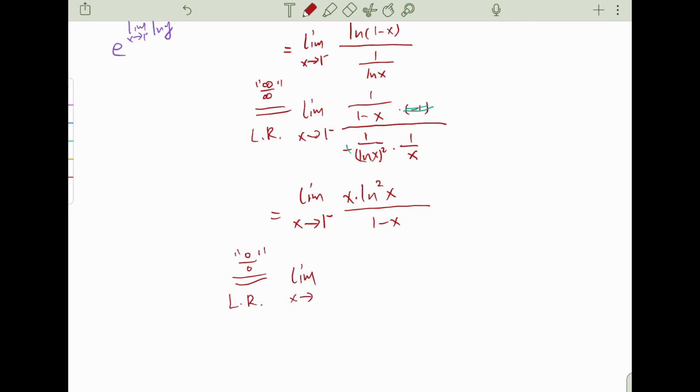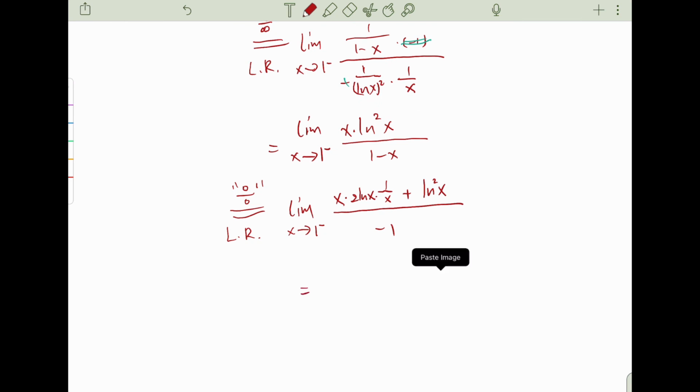Now I take the derivative again. So now it becomes x times 2 ln x times 1 over x by the chain rule and the product rule, plus ln squared of x, and the bottom has already become negative 1. Now evaluate this, plug in 1 into this expression.